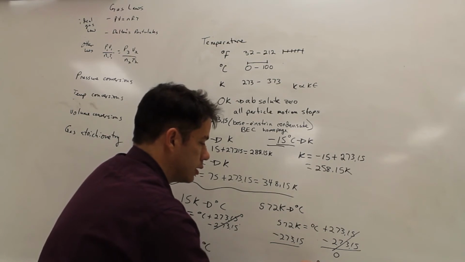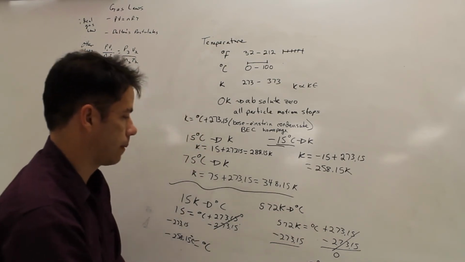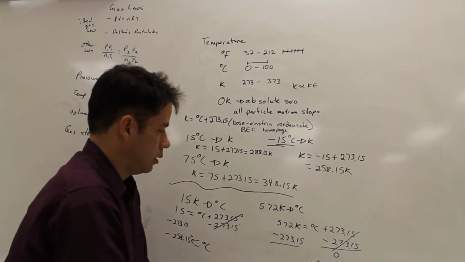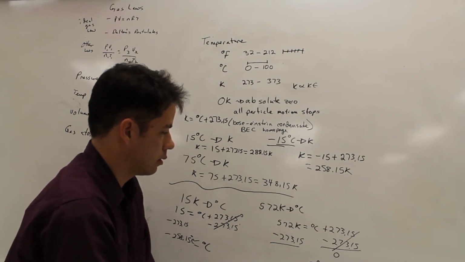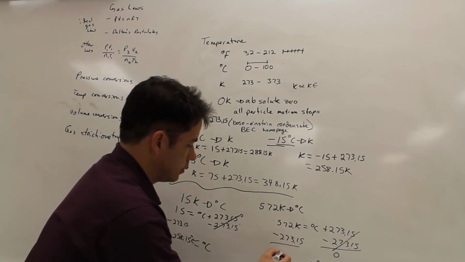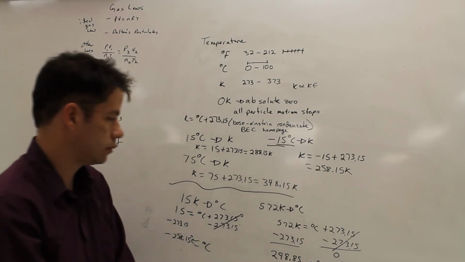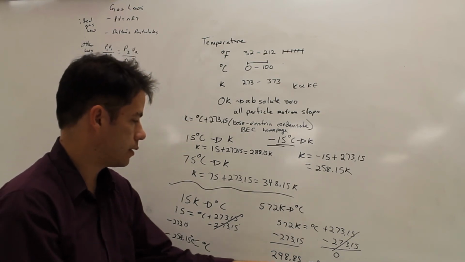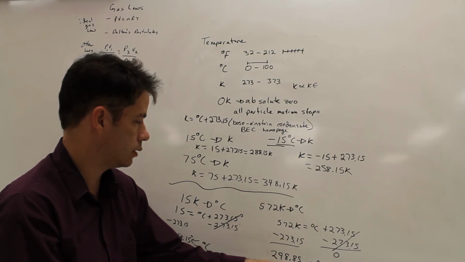So degrees Celsius equals whatever that is, 298.85.